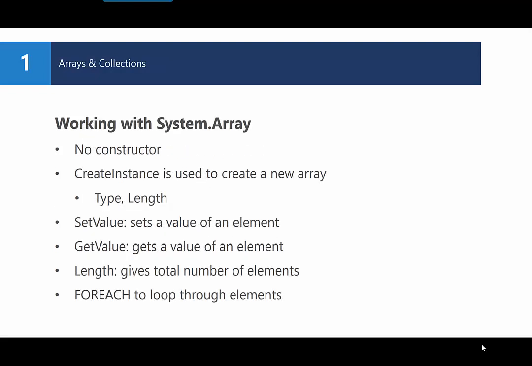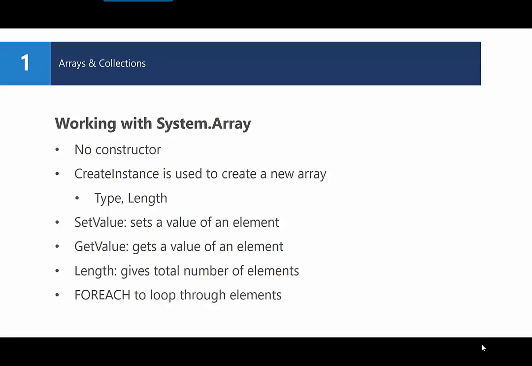When looking at the System.Array class, there is a notable thing. It has no constructor. Instead, we need to use the CreateInstance method to create an array. This method takes arguments for the type of data that we want to store in the array and the capacity of the array. It then returns an array with the correct type and dimensions.